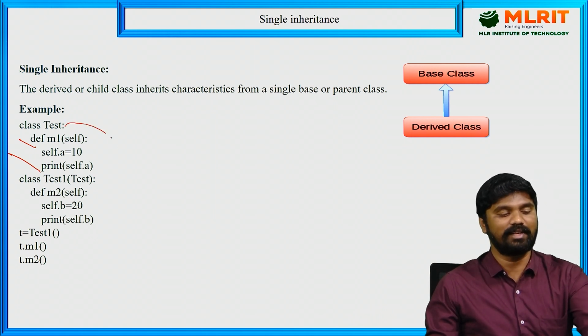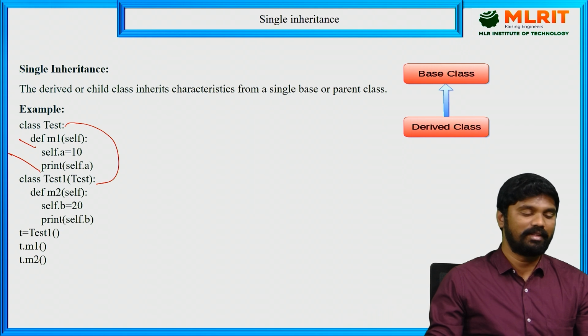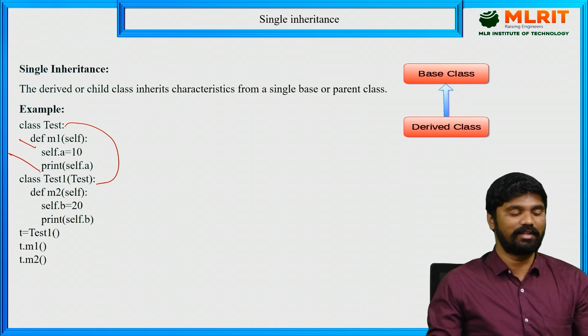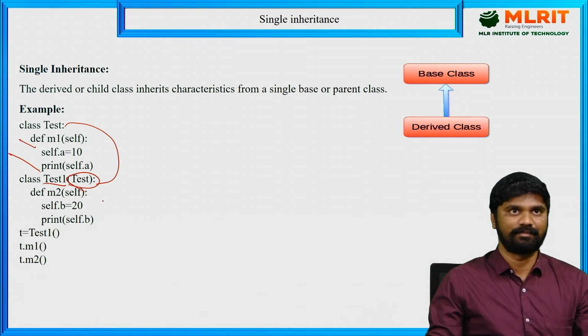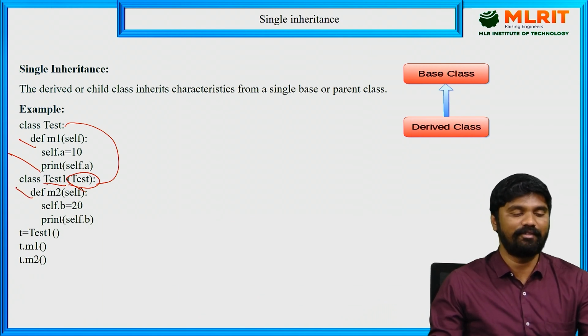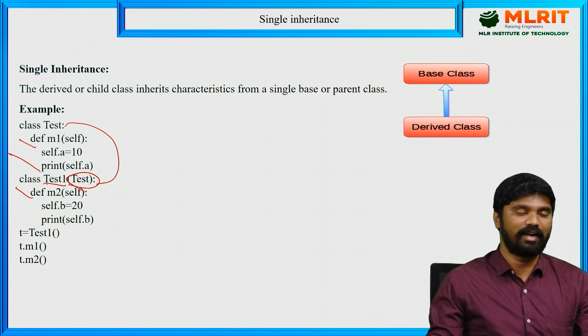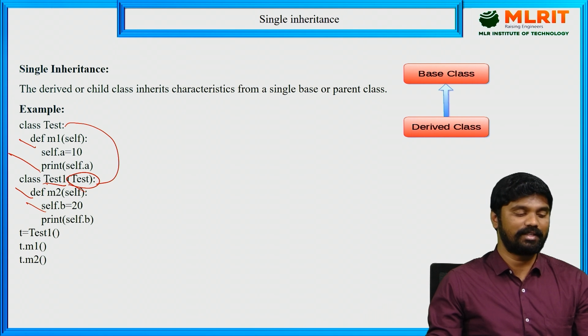The test class and test1 class are going to make the relationship, by writing test1 and then test. Within that child class we also define one instance method, and within this instance method we initialize one instance variable, named B, and print it.